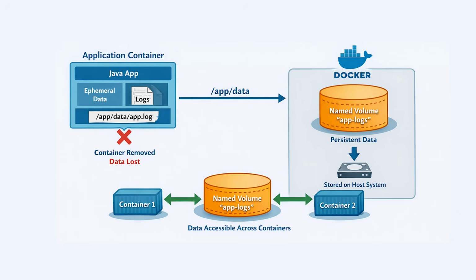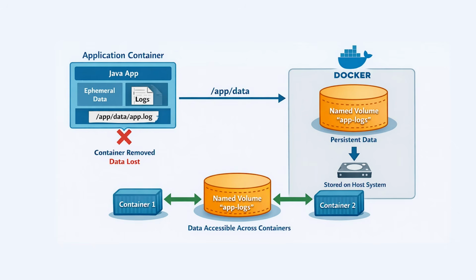This becomes a serious problem in real-world projects. Imagine your database is running inside a container, or users upload files. Their files are located inside the container, and logs are also stored inside the container. So if the container is deleted, all of this data disappears and we do not have access to it anymore.